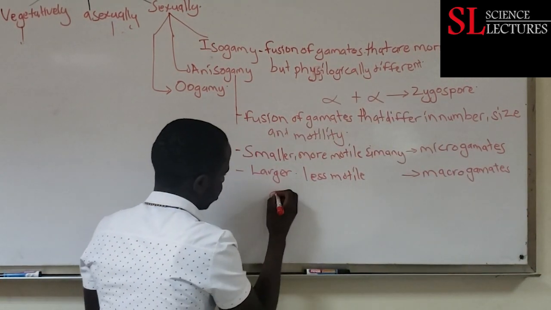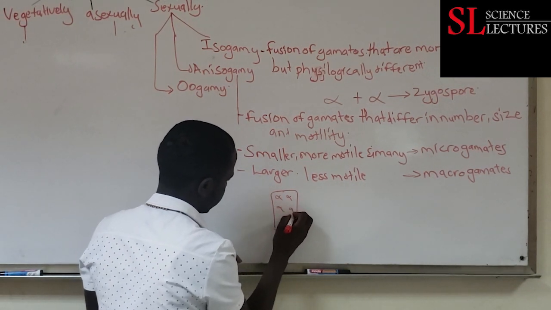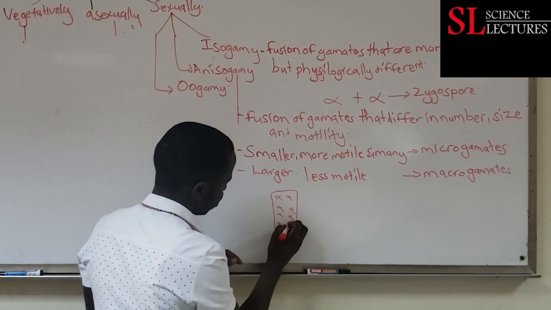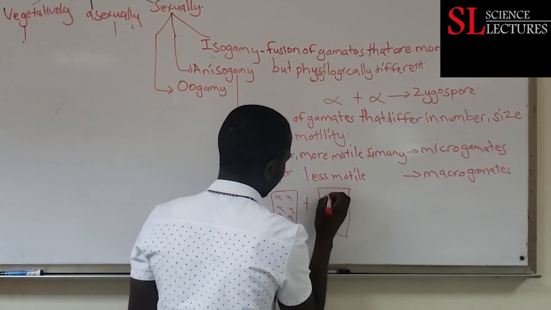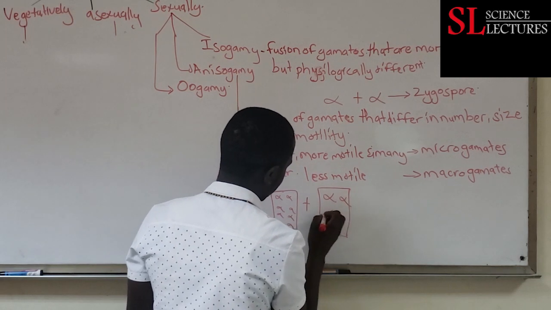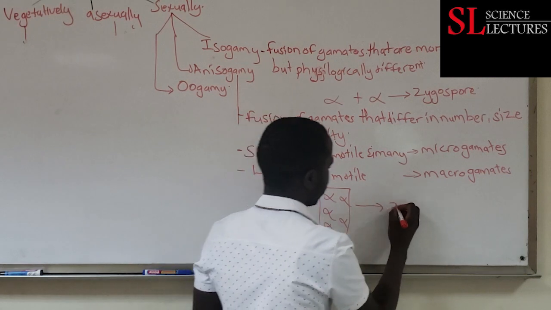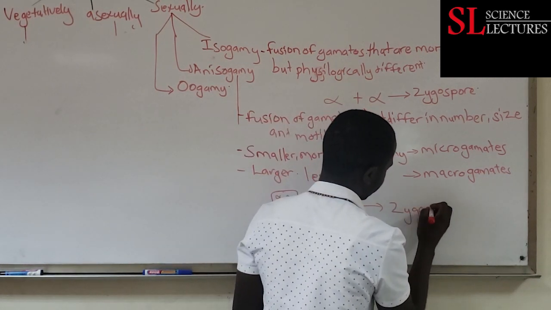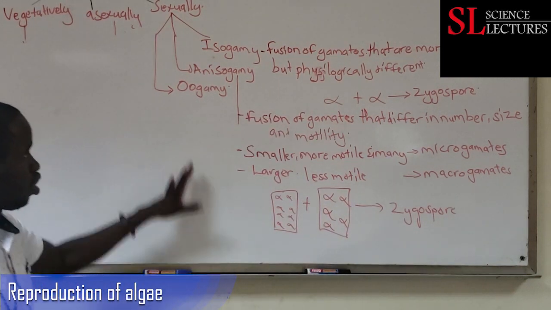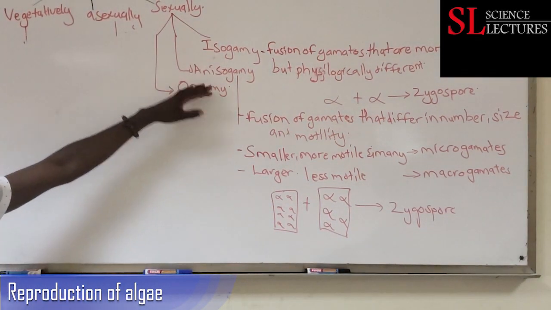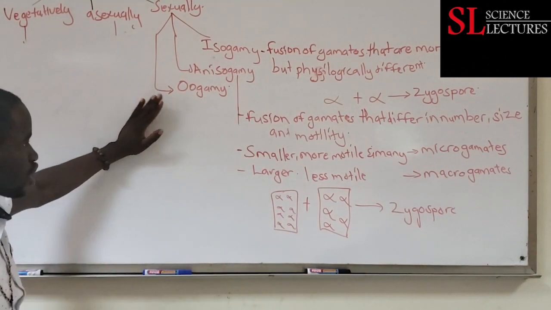So if I have this gametangium of the smaller ones in size, and I have them fusing with this gametangium of the bigger ones, but very less motile, they also form what they call a zygospore. So both anisogamy and isogamy are the primitive forms of sexual reproduction.